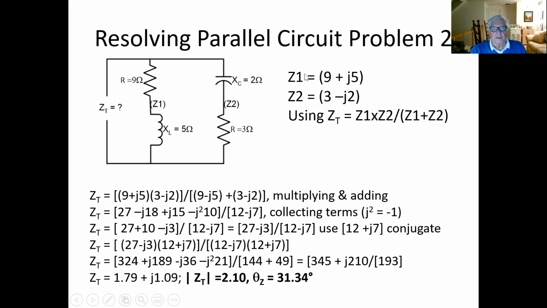Then we multiply the numerator by the complex conjugate of the denominator, and the denominator times its complex conjugate, to give us a real number in the denominator.